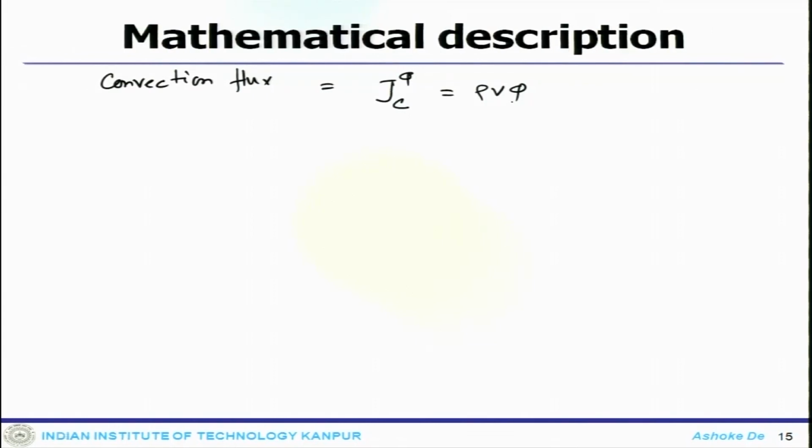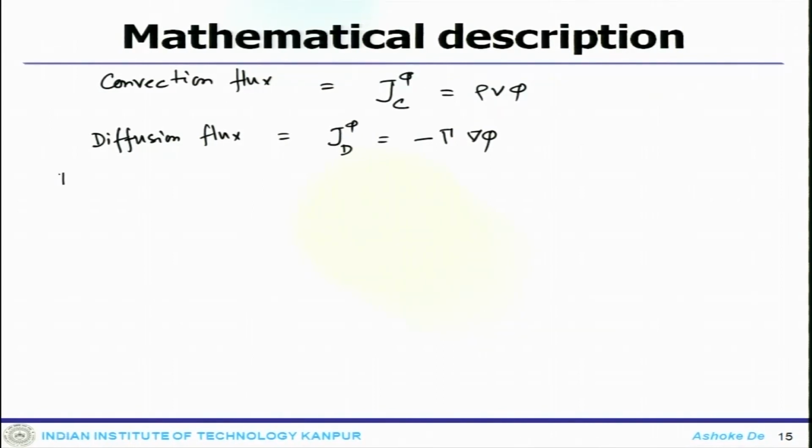Now I have similarly the diffusion flux. Okay. So that is minus gamma del phi, or you can say simply gamma del phi.